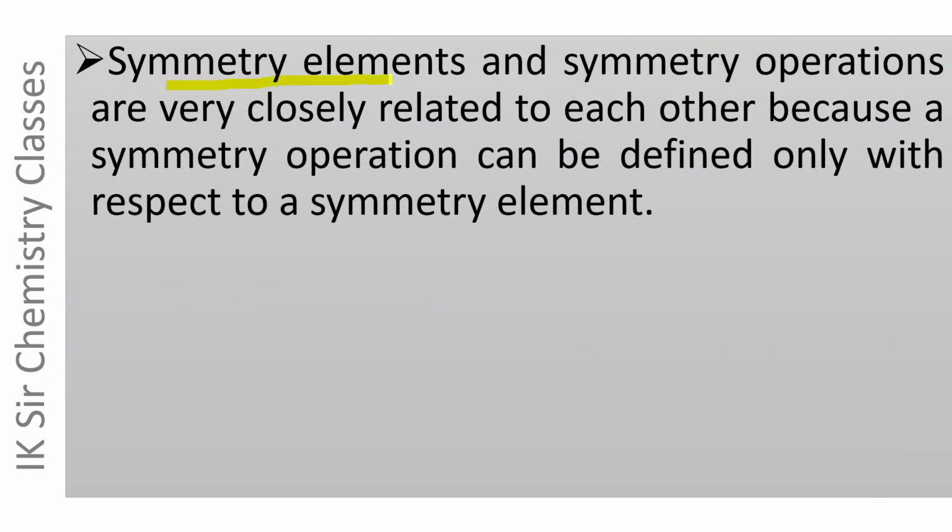Symmetry elements and symmetry operations are very closely related to each other. These two are important terms in symmetry and group theory, and they are closely related because a symmetry operation can be defined only with respect to a symmetry element.